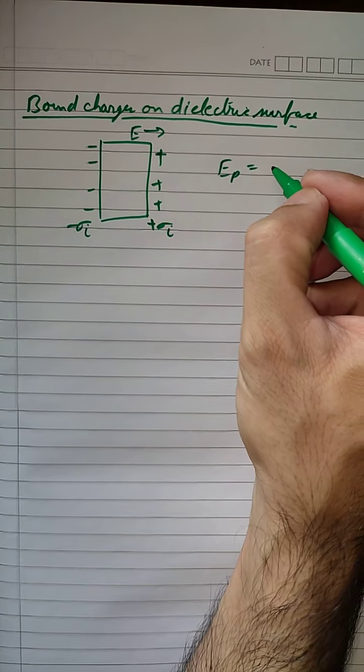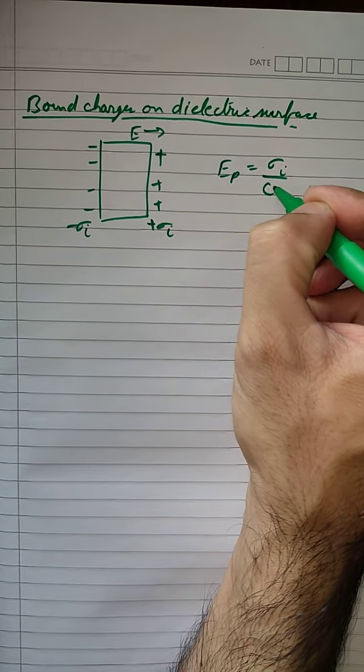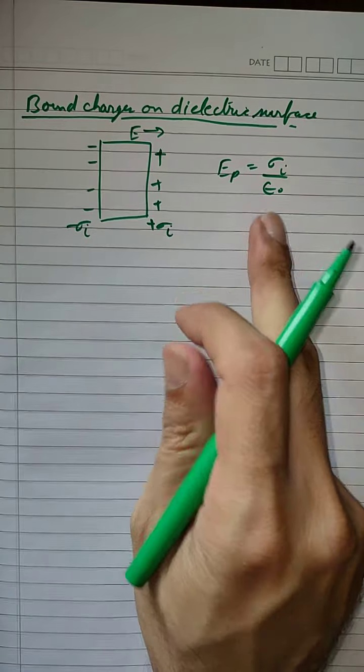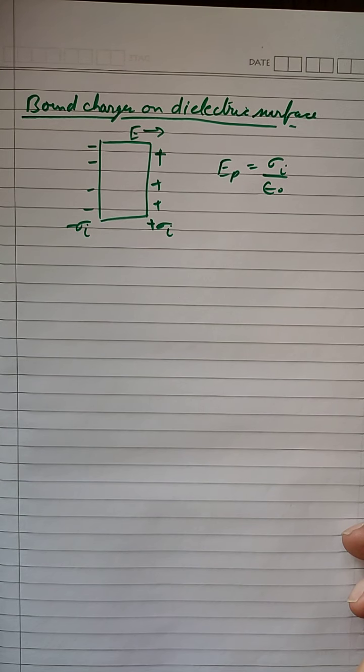Now according to the formula of EP, EP will be equal to sigma_i upon epsilon naught.